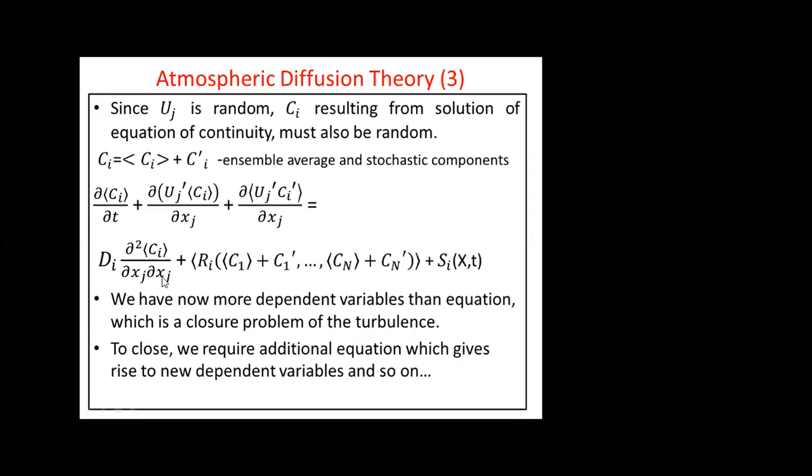So what we need here is to close this. That is, we have to make the number of dependent variables equal to the number of equations. So we require an additional equation, which gives rise to a new dependent variable and so on. Therefore, we have to close this so that the number of dependent variables and equations becomes equal.